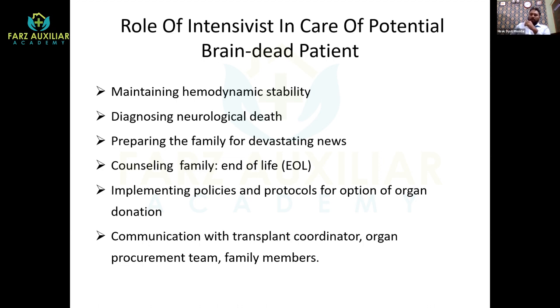They are receiving some kind of bad news, and on the other hand you are asking them to give consent for organ transplant. That's not so easy. You can take help of other facilities and emotional, psychological support. There are also policies and protocols for organ donation, and communication with other teams like the transplant coordination team, organ procurement team, family members, and other multidisciplinary teams is required on the part of the intensivist.